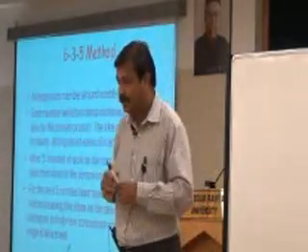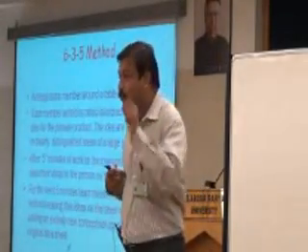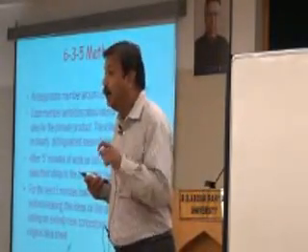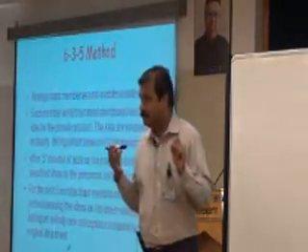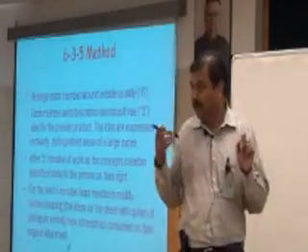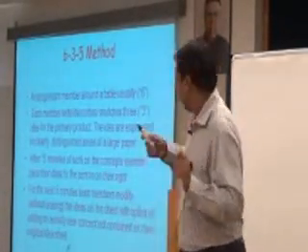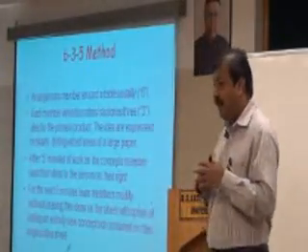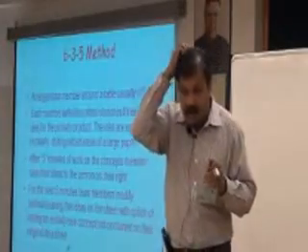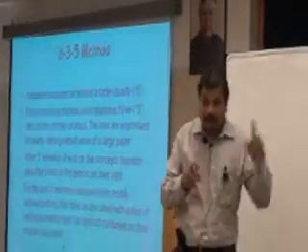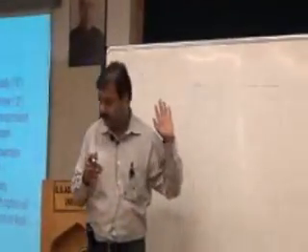He is too relaxed. Brain performs better when put under pressure. Probably I am not putting enough pressure on you. Okay. So in the 635 method, we want to put pressure on every individual's brain. So you are given only 5 minutes to give 3 ideas.